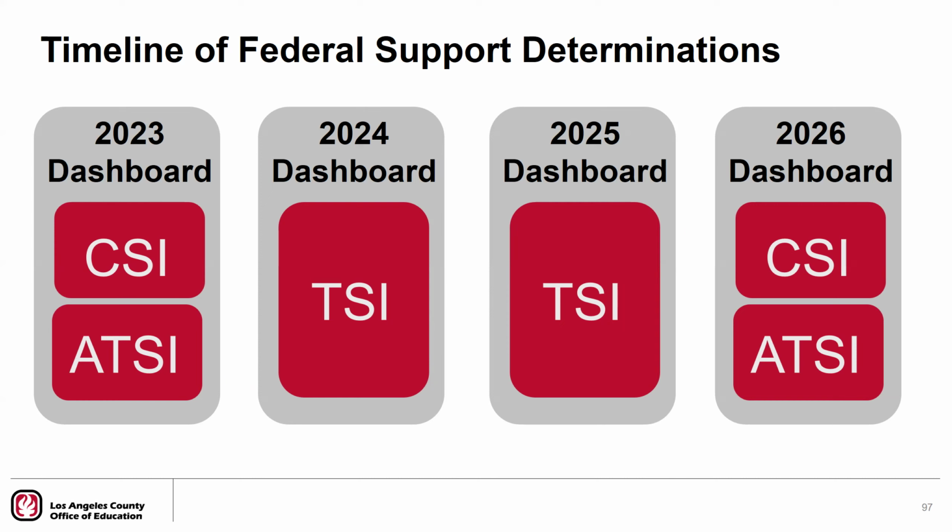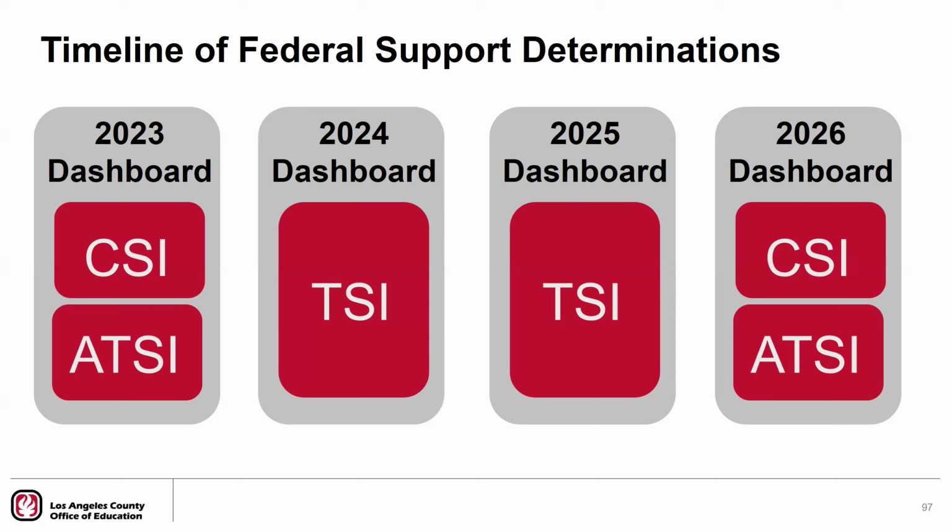Therefore, the next CSI and ATSI determinations will be made based on the results of the 2026 dashboard. Schools that have not exited CSI or ATSI based on the 2024 dashboard will not be in the pool from which TSI schools are identified.